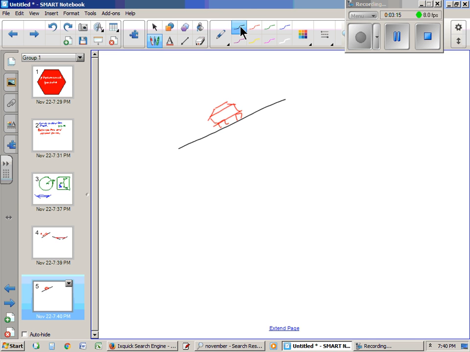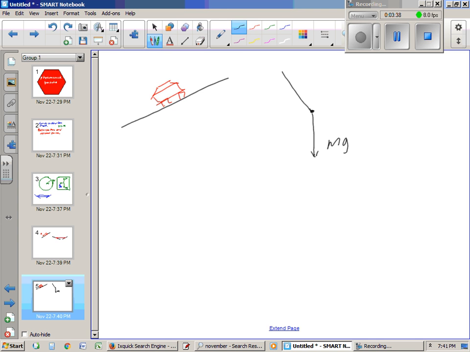The real forces free body diagram for this would look like this. We'd have the weight of the car down, and we would have the normal force perpendicular to the track. But what we're going to find here is that the normal force has to be larger than mg.